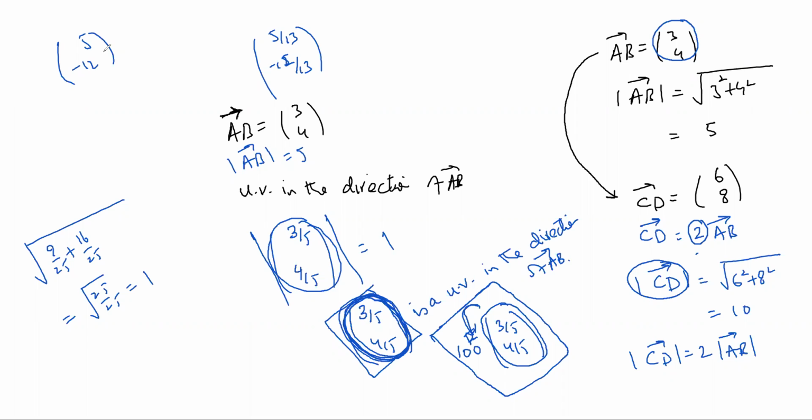Now, if the question is, give me a vector which is in the direction of this vector, but has a magnitude of 50, wouldn't that be 50 times this? Yes, 50 times this is a vector which is in the direction of this vector and has a magnitude of 50.